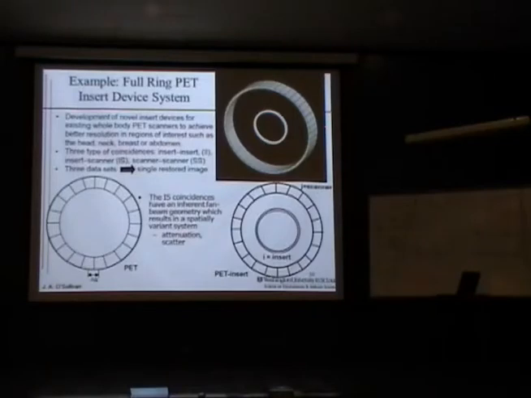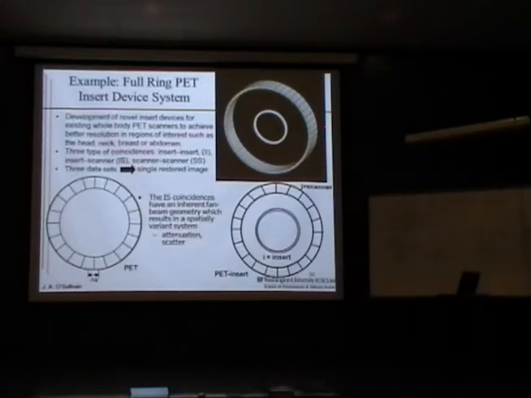So you see here we have an imaging system that has been used for a long time, and now there is a modification being made to the system in order to obtain better resolution in these specific regions of interest that I mentioned.